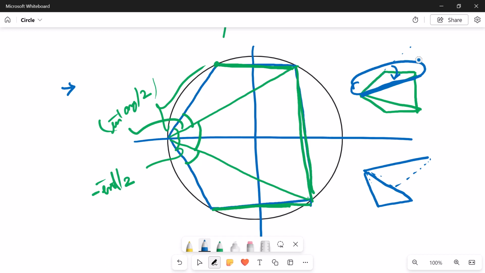The only way the angle can change is when I extend this side. If I extend this side, then this side will also have to follow, and this angle will be changed, right? So if you rotate the upper side over this base, then you will get a structure like this.